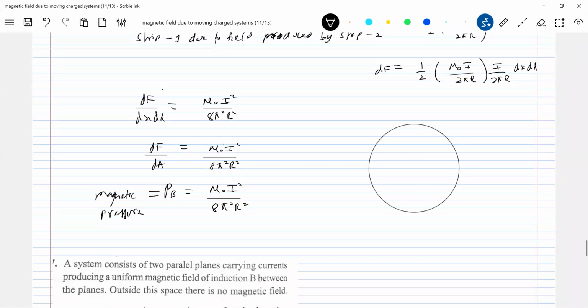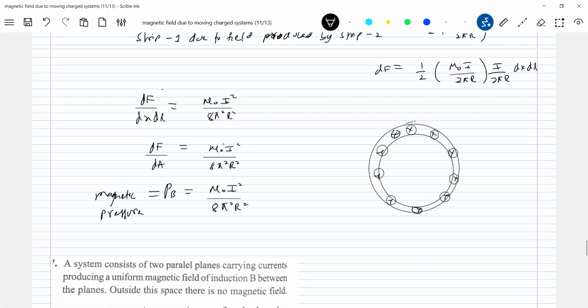If a current I flows through a structure, I think I can give only a plain diagram. 3D diagram not possible. Current is here. Anybody? Is the force outward or radially inward?